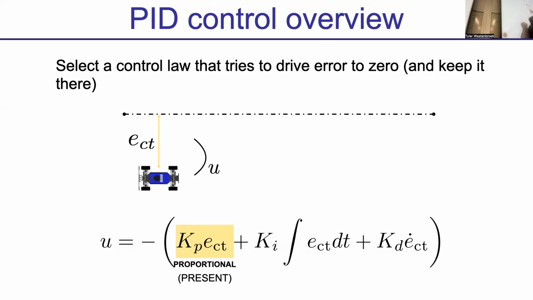If I increase this variable kp here, so these different k's are things that are called gains, these are parameters that we're going to tune to get the performance we want for our controller. Basically what this says is, as my error gets bigger, I'm going to increase the effort or the control that I'm putting into the system. Again, the bigger my tracking error, the harder I'm going to try to push my system back to where I want it to be.